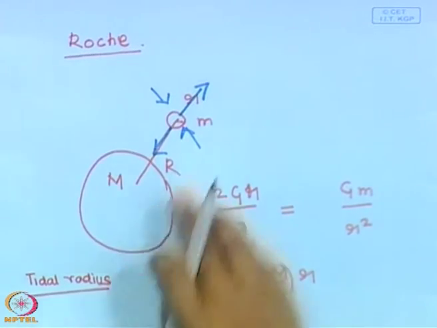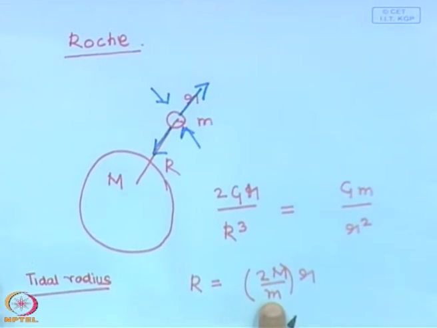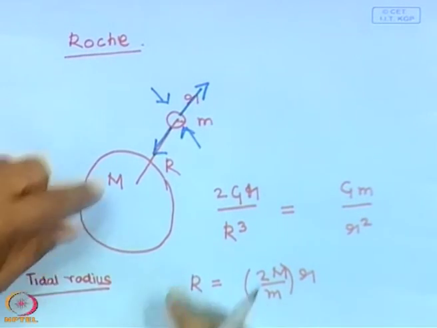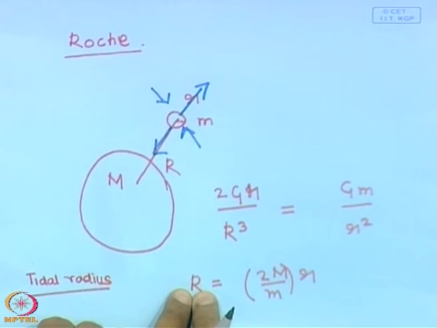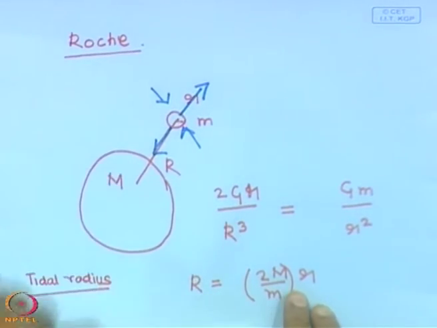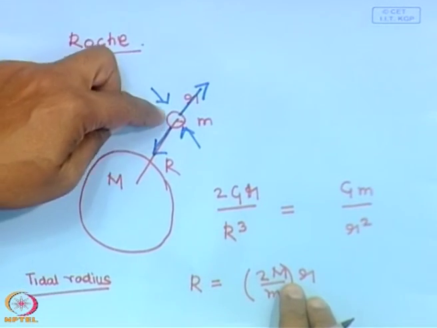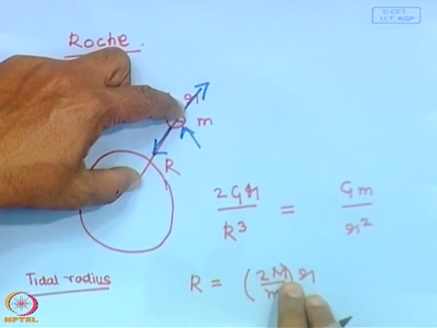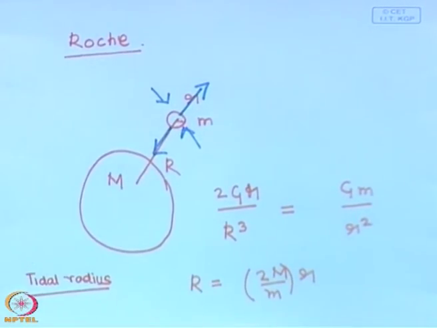So, for this object of mass small m and radius r, if we bring it nearer than this distance, it will be disrupted by the tidal force. Okay. So, if it enters a distance smaller than this, it will be disrupted by the tidal force. And we know that these Jovian planets like Jupiter, Saturn, Uranus, they have rings.